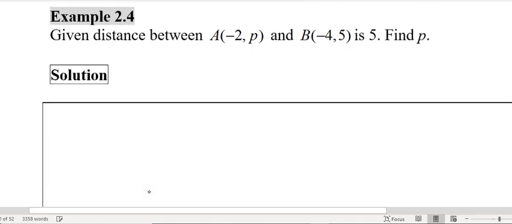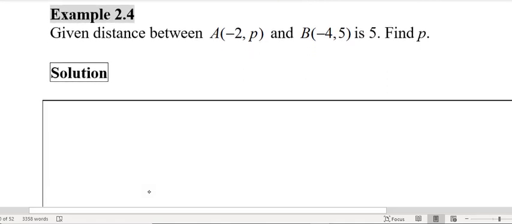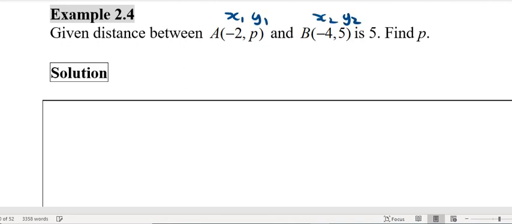Same thing here. Given the distance between A and B is 5, they want to find the value of P. As usual, highlight first x1, y1, x2, y2 respectively on the coordinates of the respective points involved, that is A and B. So the distance AB is 5.